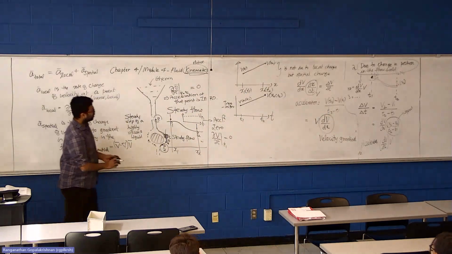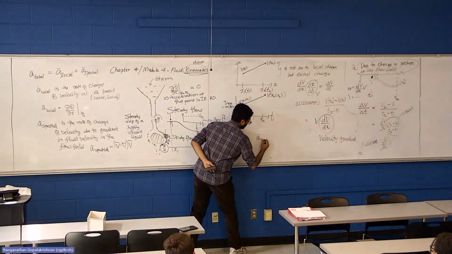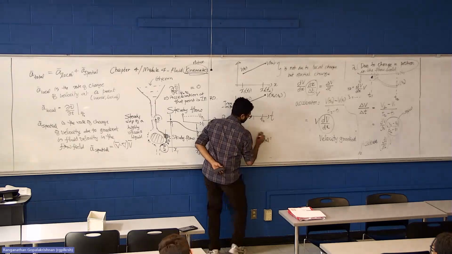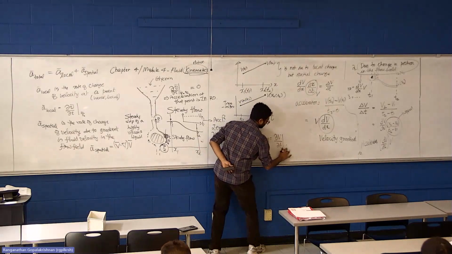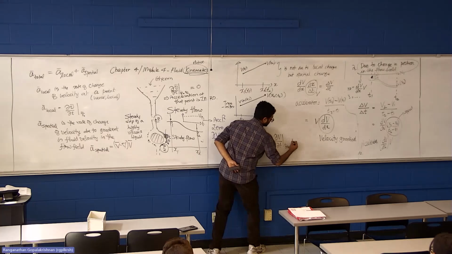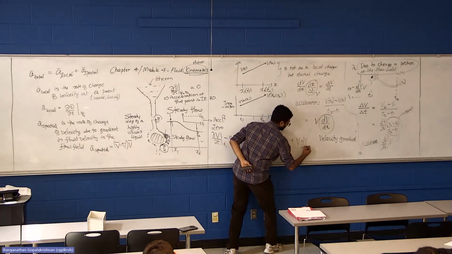And that is why we are able to now come to this statement that says A total is equal to the rate of change of velocity at a local point plus v times dv dx.